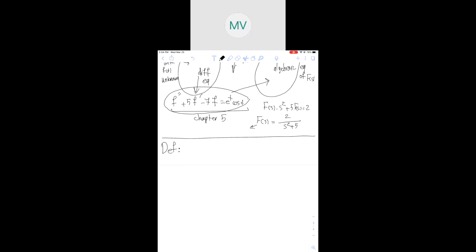Consider a function f of t for t bigger than or equal to 0. Then the Laplace transform of f of t, in parentheses, is called capital F of s, and is defined as follows.